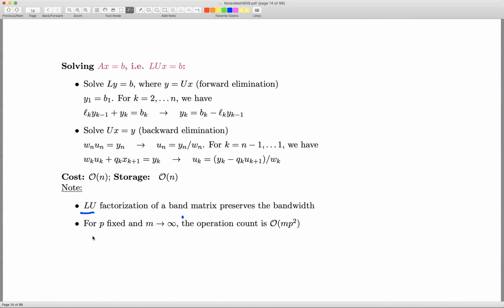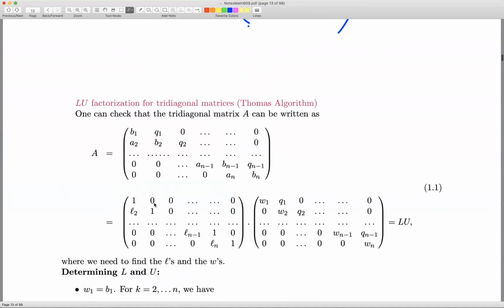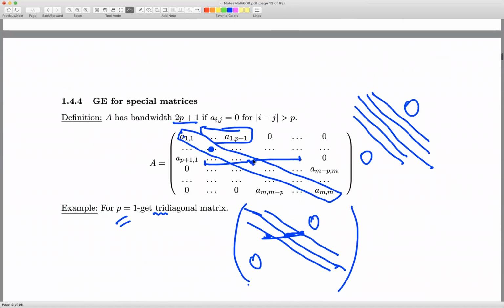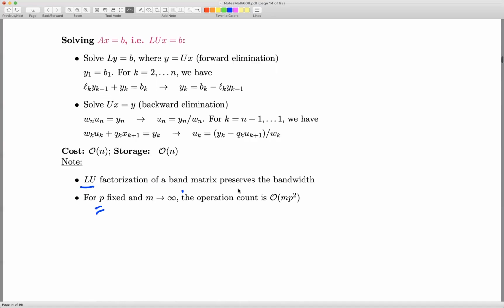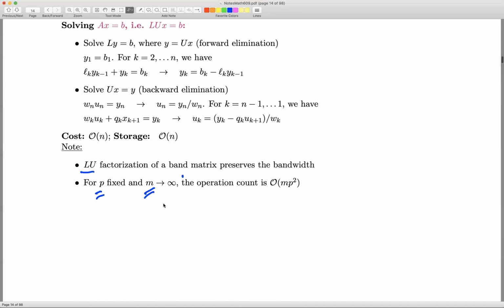And if one does a careful analysis, if P is fixed, where P was the bandwidth, remember P was the number of elements from the main diagonal to the right and to the left, and the matrix is of dimension m times m, then the operation count is big O of m times p squared. So this will be a constant times m times p squared. And you see here that we are saving in terms of operation cost if the matrix is band limited, has a bandwidth.